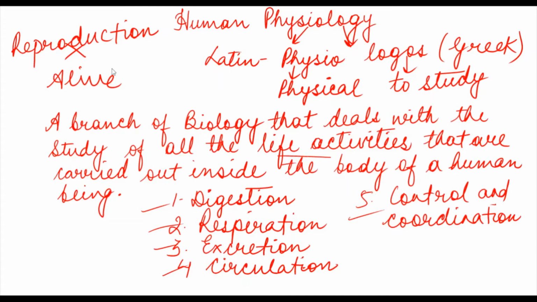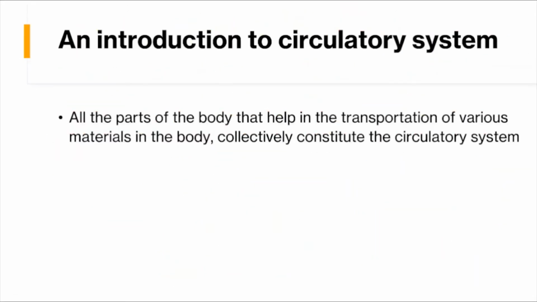Enough I have explained, children. Let us proceed further. Now students, first of all, let us understand the meaning of circulatory system. As you can see, there are two words here. One is circulatory and the other is system. We all know what a system is, beta. It is a group of organs, isn't it? Then what is the word circulatory indicating over here?